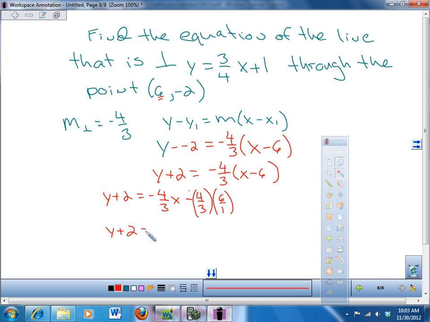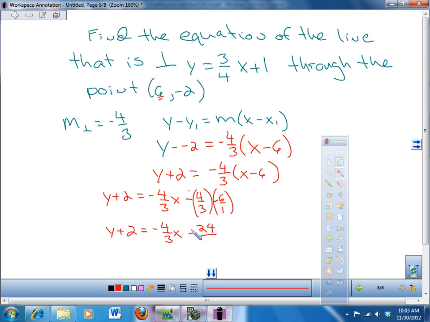This is where you don't like fractions, right? y plus 2 equals negative 4 over 3x minus... what's 4 times 6? 24 over 3. Did I do that right? I think it's a positive. It's a negative 6, right? Yes, sorry, because it's negative 4 times negative 6.